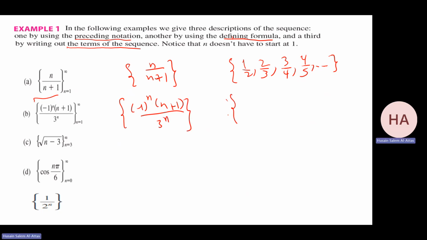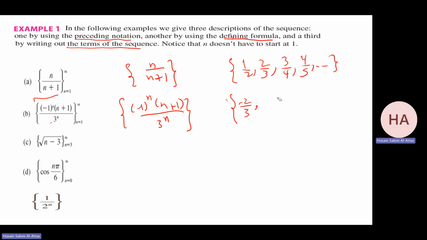Now, what are the terms? n equals 1, be careful. I have minus 2 over 3. n equals 2, I have plus, but I have 3 over 3 squared, and that's 3 over 9, which is 1 over 3.